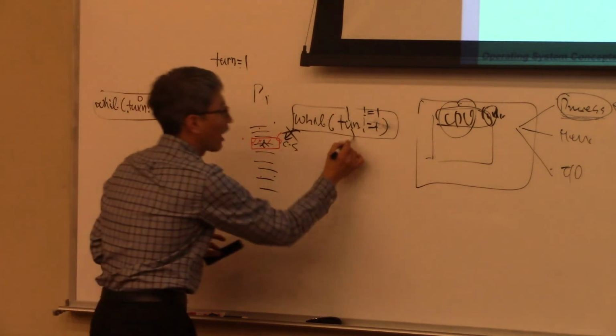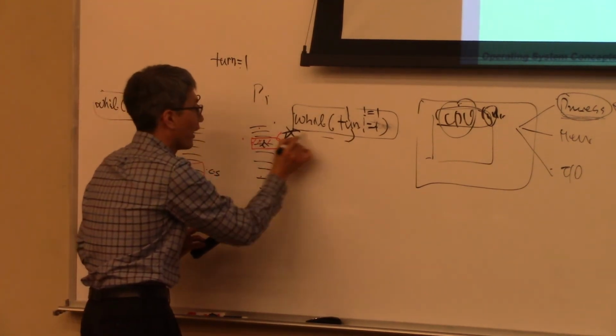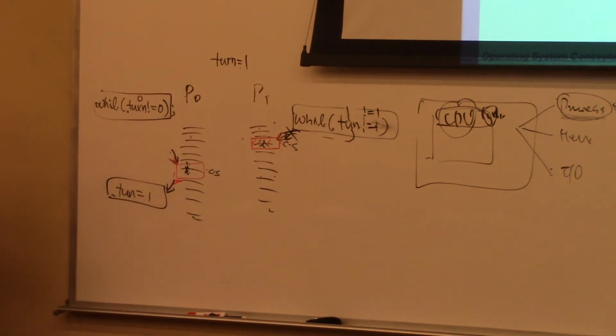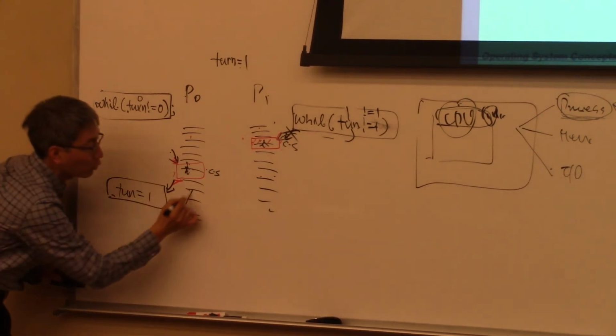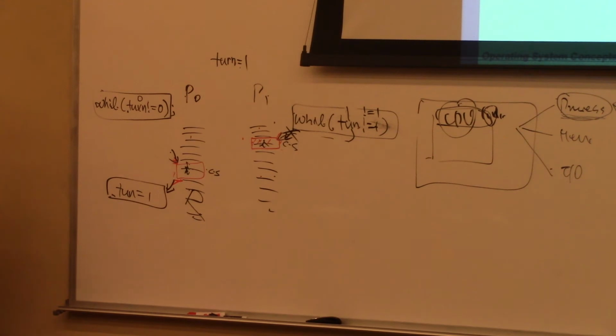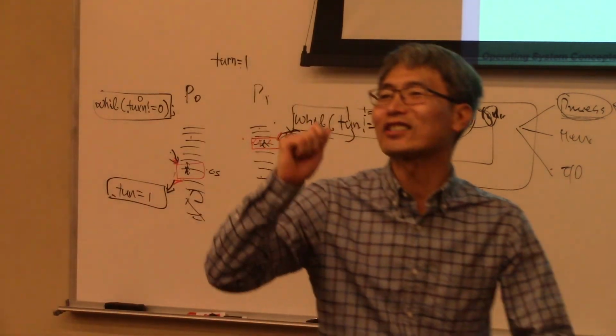False. So which means it exits the while loop and can enter the critical section. Okay? Then you don't have to worry about the remainder section, because the remainder section does not affect anything for this synchronization part.